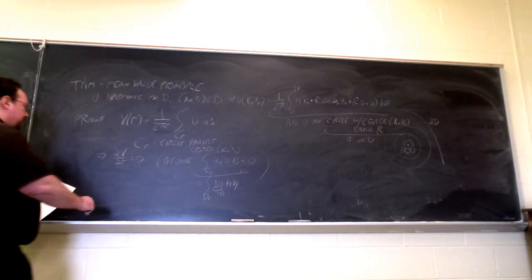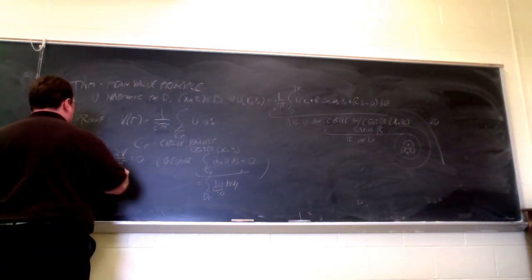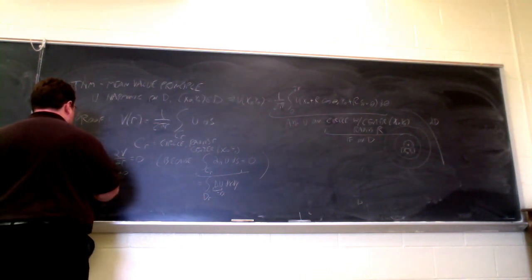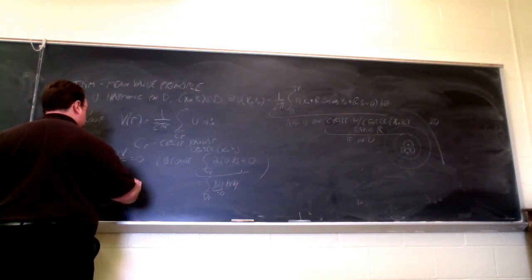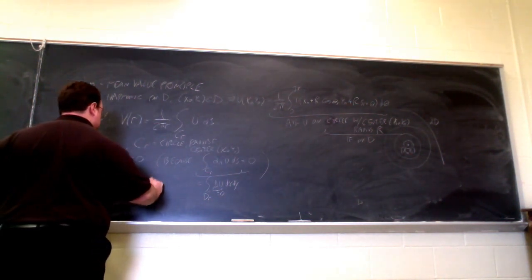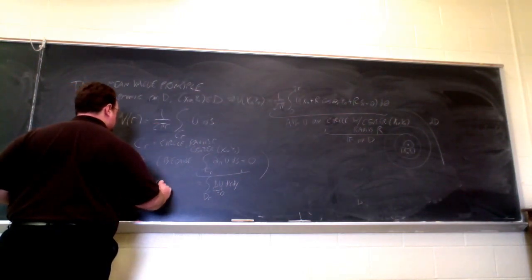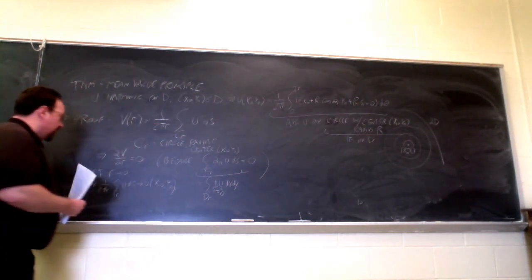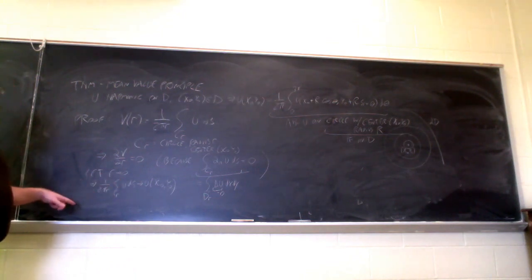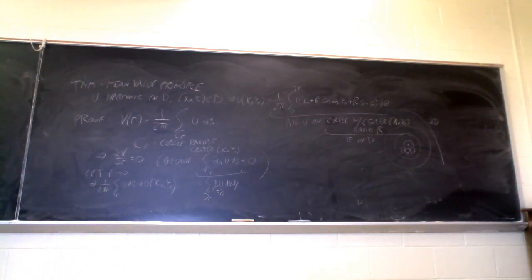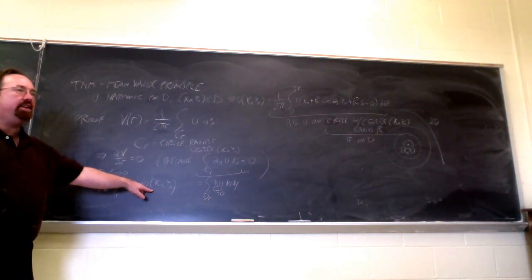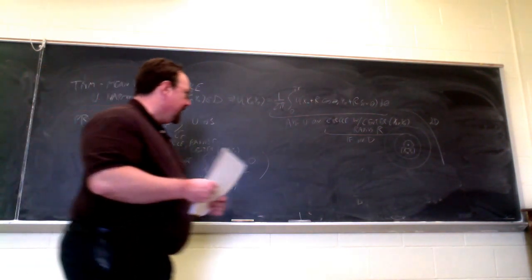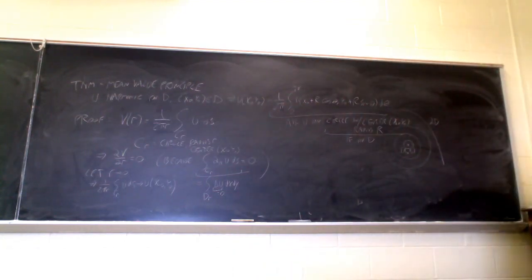But then you let r go to 0. Since it's the average over the circle, and the circle is collapsing to the point x naught, y naught, this average has to converge to the value at the center. And that's it.